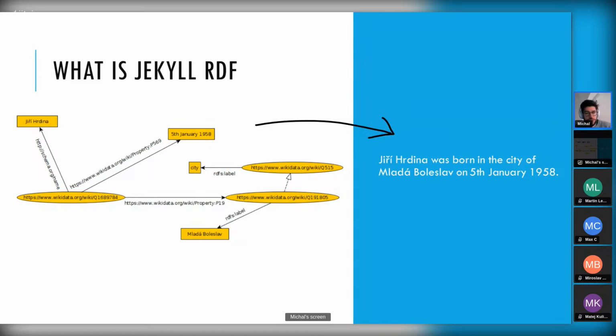What are we trying to achieve using Jekyll RDF? On the left side, you can see that we have some graph. I used, as an example, some data from Wikidata. It's about the Czech ice hockey player Jiří Hrdina, who had a birthday yesterday, so this is why I chose him.